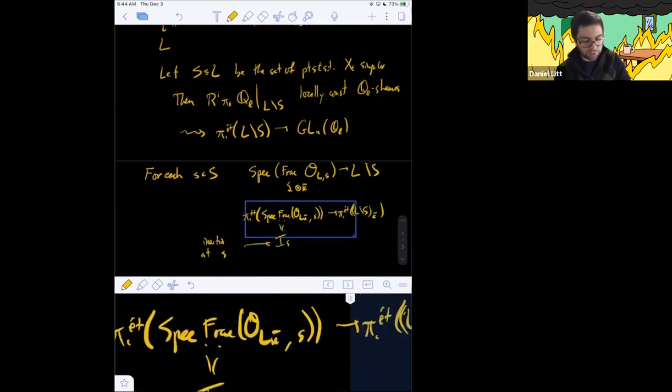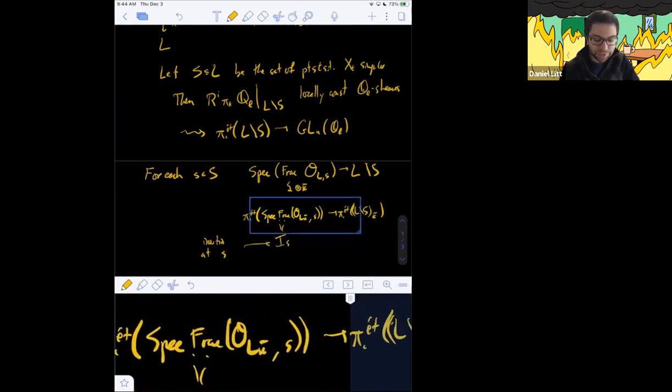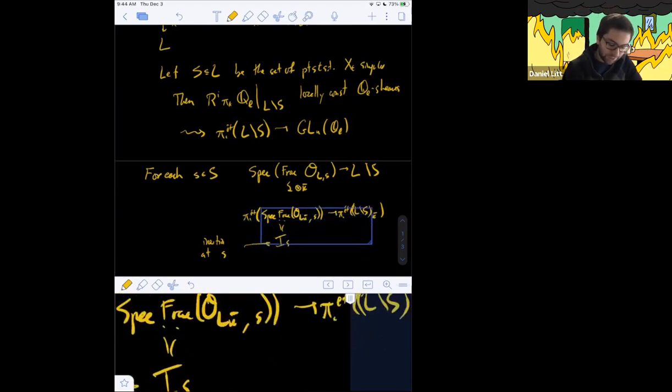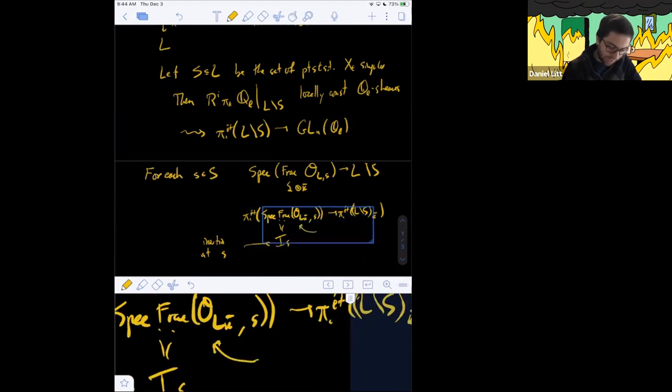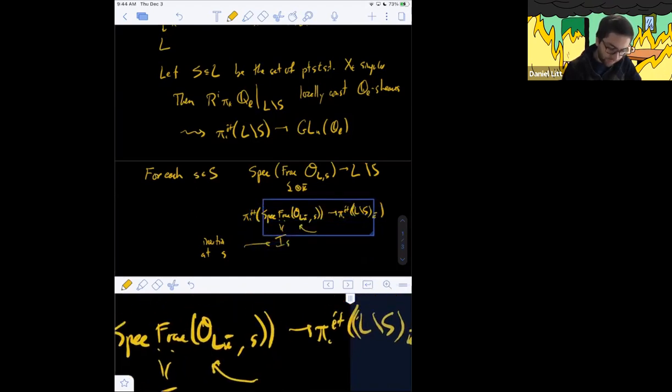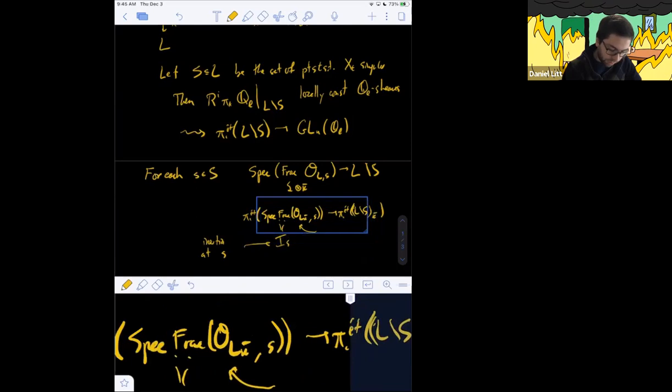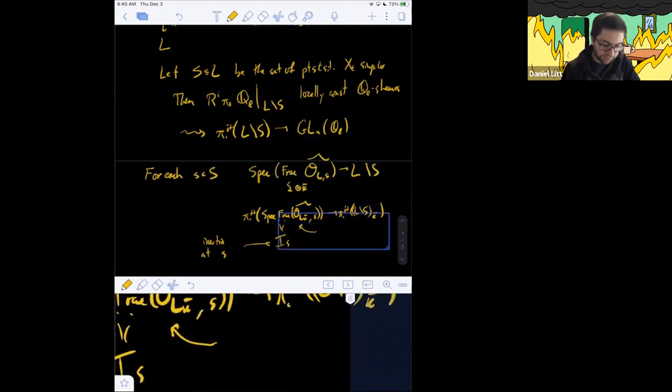This is pi1 of a field, so it's actually a very concrete object. It's just the absolute Galois group of this field. And what is this field? It's also pretty concrete. So this field, the fraction field of O_{L,S} k bar, I actually mean, maybe I should say it doesn't really matter, but let me make things simpler and say the complete local ring.